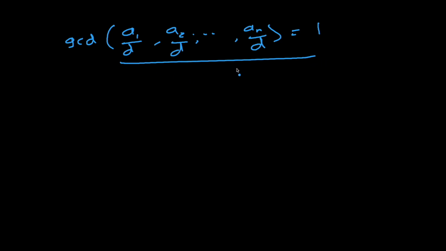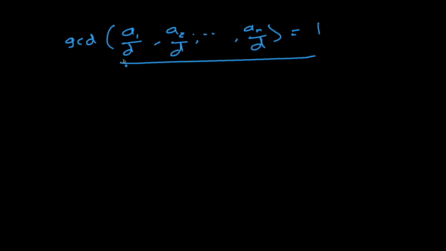If we have a1, a2 and so on, and we divide them by their greatest common divisor, then the GCD of this entire set has to be equal to 1. So these are basically relatively prime. That is important for our task.